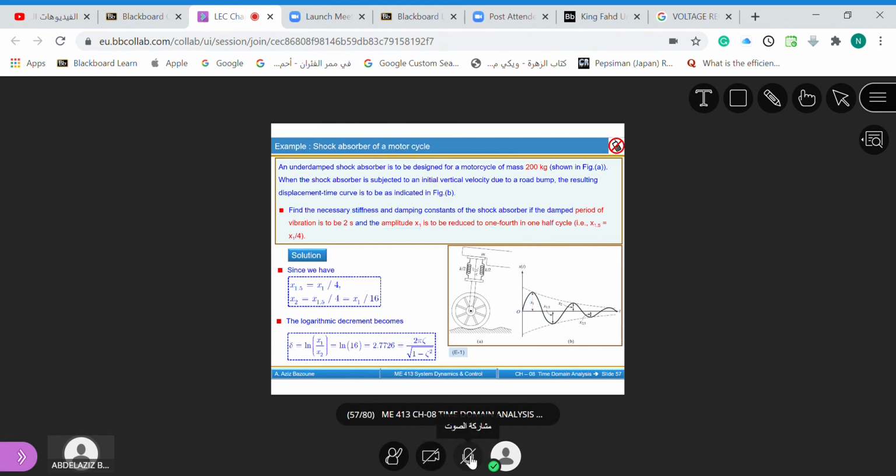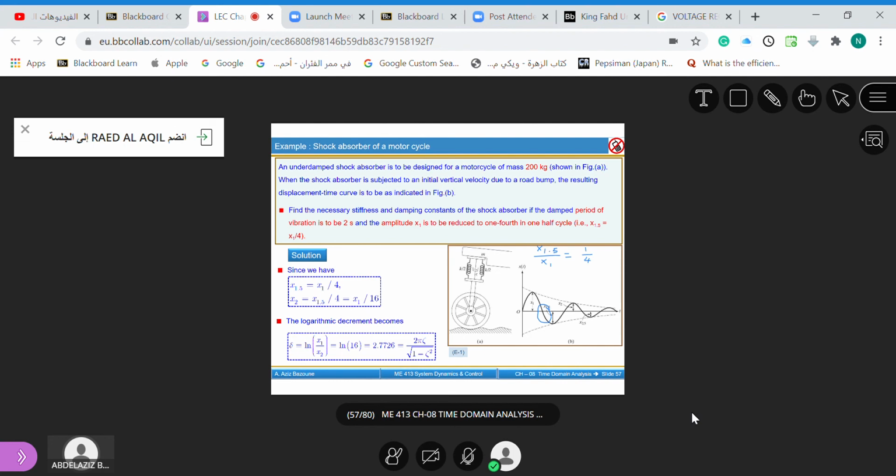Okay Shabab? Remember, this one is 1 over 4 of this one. So we can write x1.5 over x1 is equal to 1 over 4. And x2 over x1.5 will be reduced by 1 over 4 now.